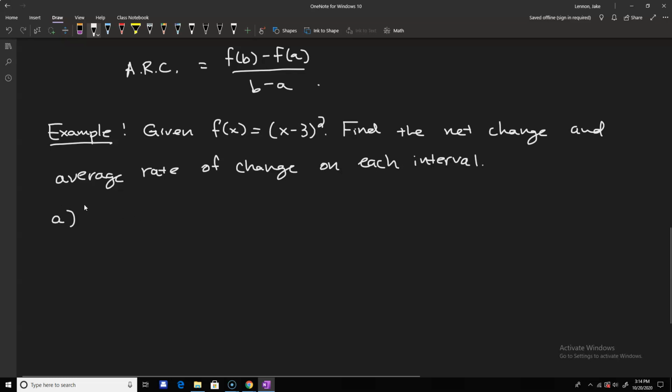So our first interval here, a, will be from x equals 1 to x equals 3.